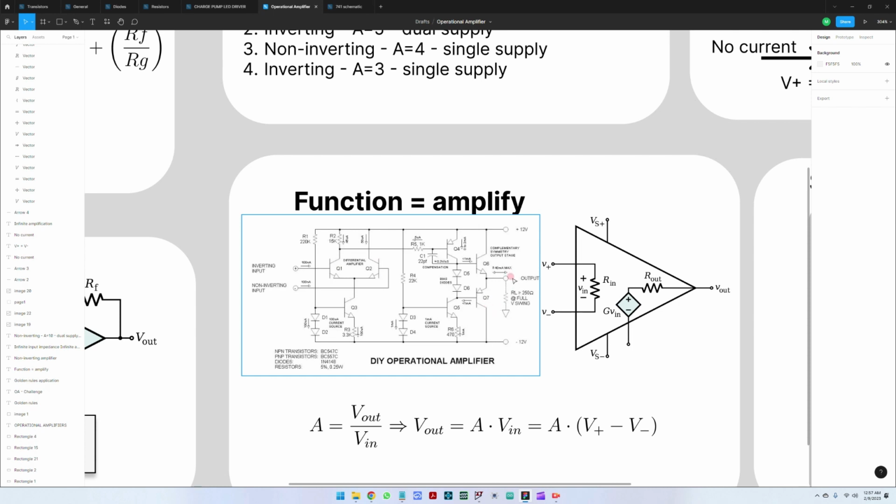And the output will fluctuate between the two voltage levels, of course, minus the voltage drop on the two transistors on the output here.